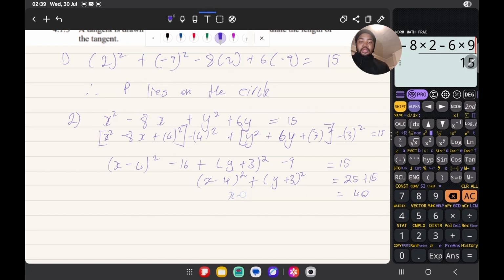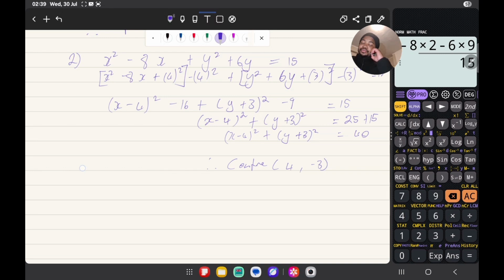You have (x minus 4) squared plus (y plus 3) squared equals 40, and therefore the center is (4, minus 3).